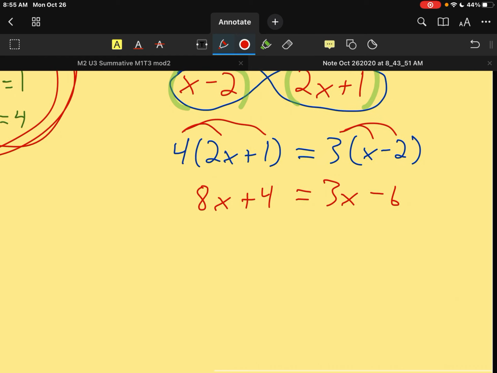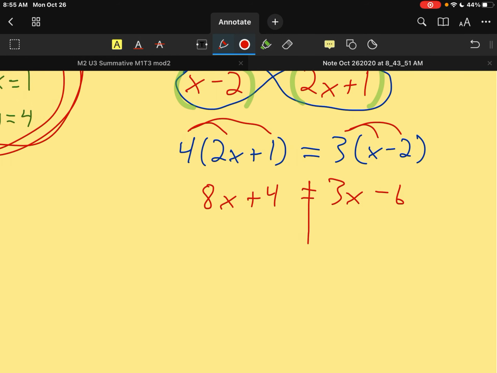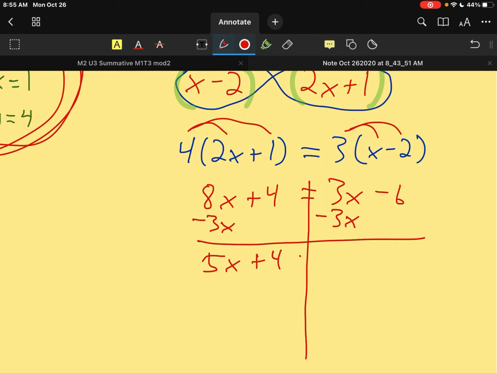Now it's a multi-step equation. You get your x's to one side, you get your numbers to the other side, and then you divide. So I like to take my smallest x value and subtract it, or just bring it over to the other side. Because then I get 5x, a positive x value, plus 4 equals, that canceled, minus 6.